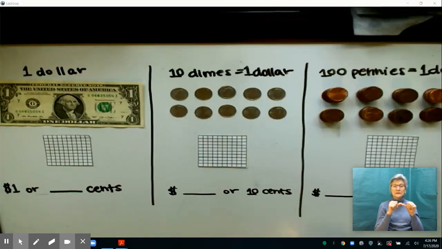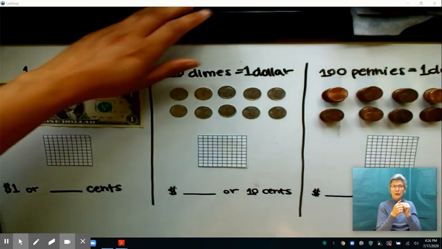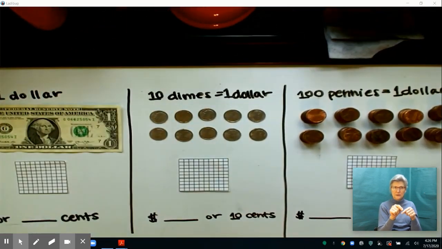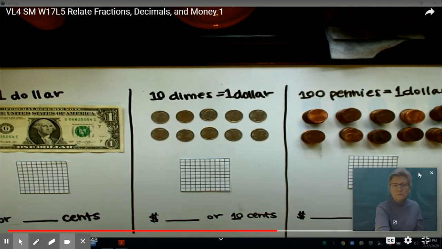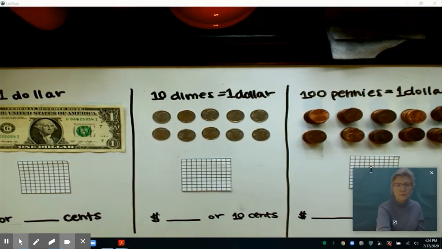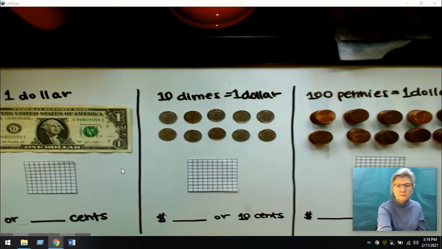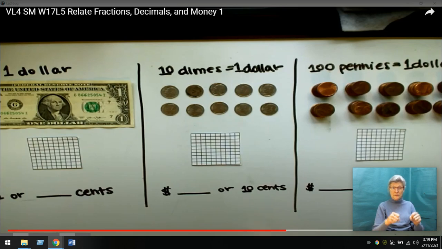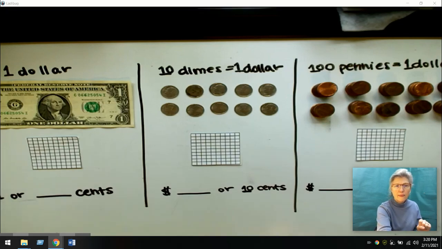Let's continue on by thinking about how we can relate money to decimals. So we're going to start out by remembering that our monetary system, right, our system that we use for our money, is a base 10 system, just like place value. So when you're thinking about working with dollars and dimes and pennies, keep this in mind.